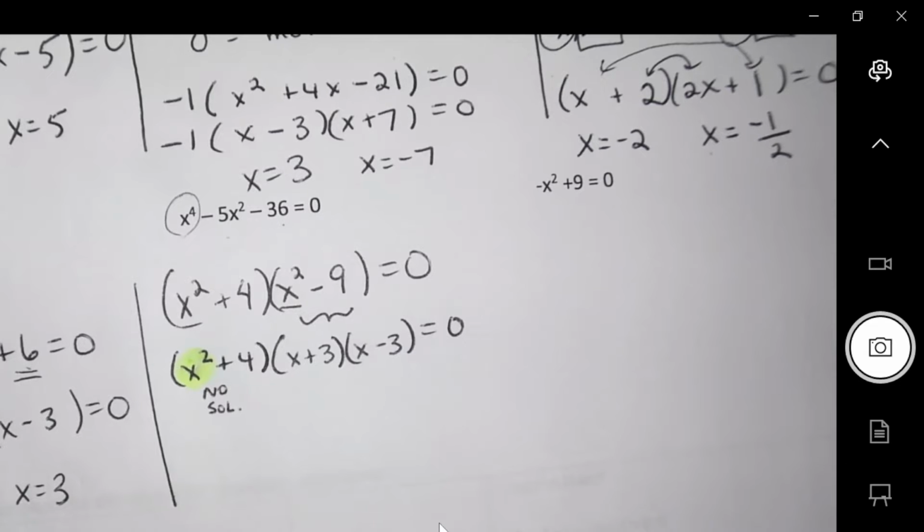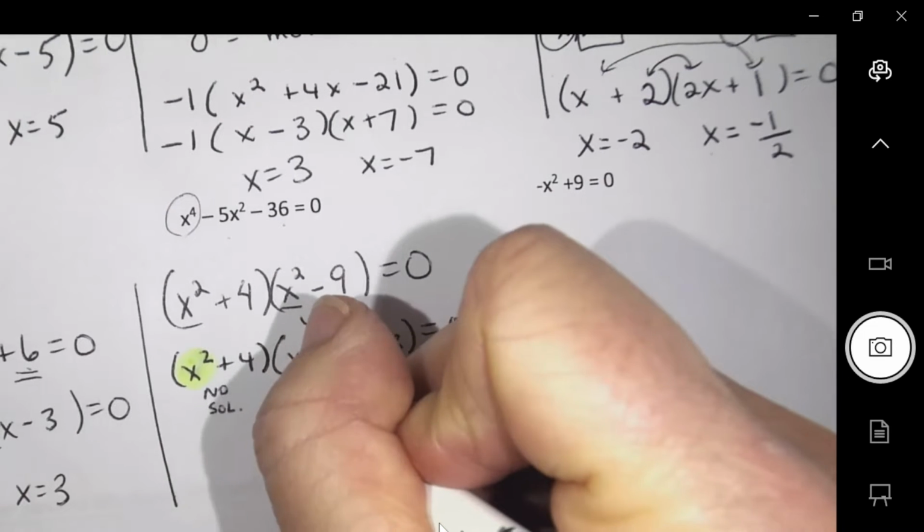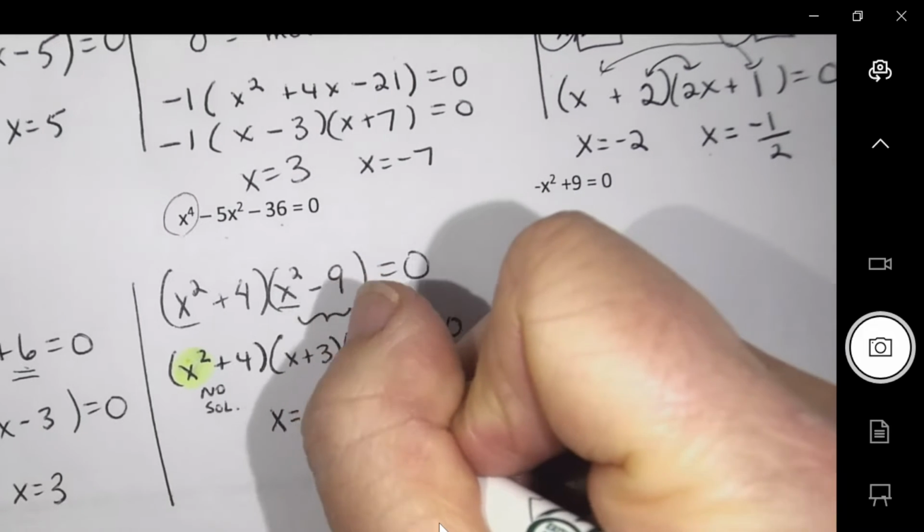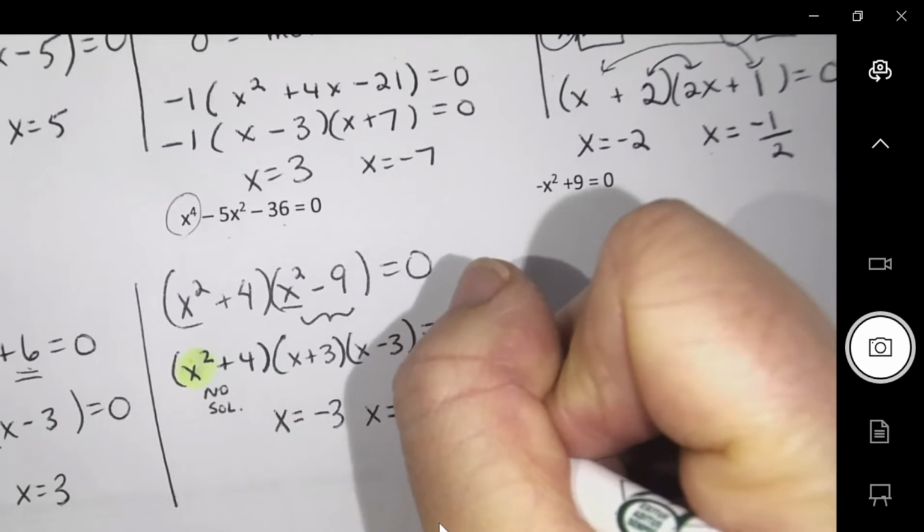You'll learn that when something doesn't end up with an x equals this, you're going to write, there's no solution on that one. But it's not that there's no solution to the problem. There's just no solution in that factor. So negative 3 and positive 3.